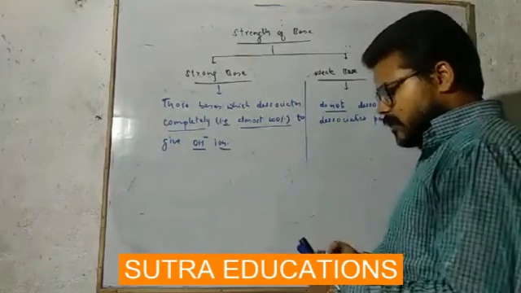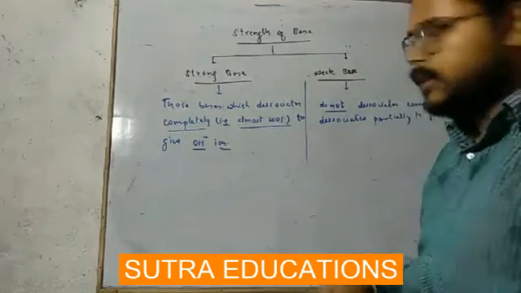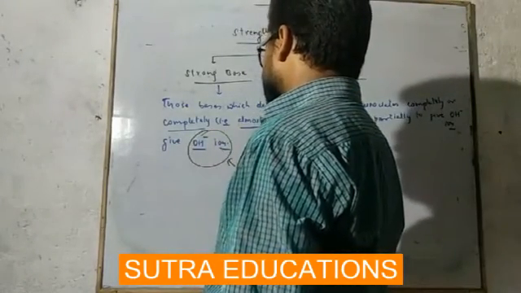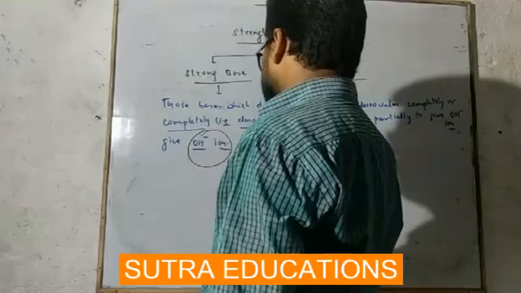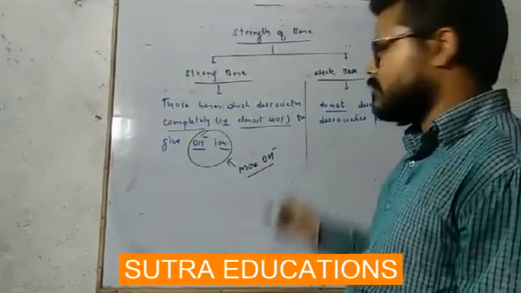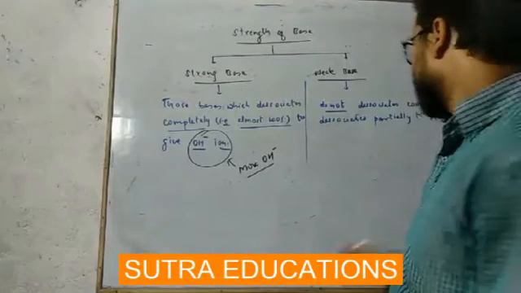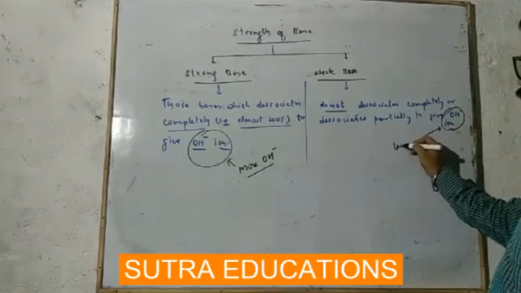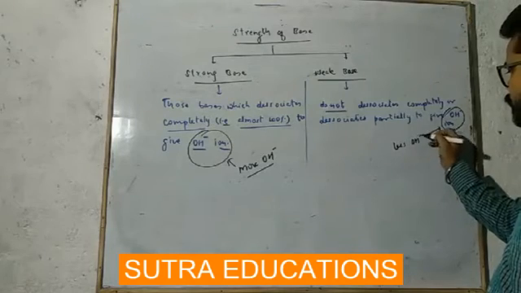So here, in the strong base, the concentration of OH- is more, more hydroxyl ions are given, and here less OH- ion is given.